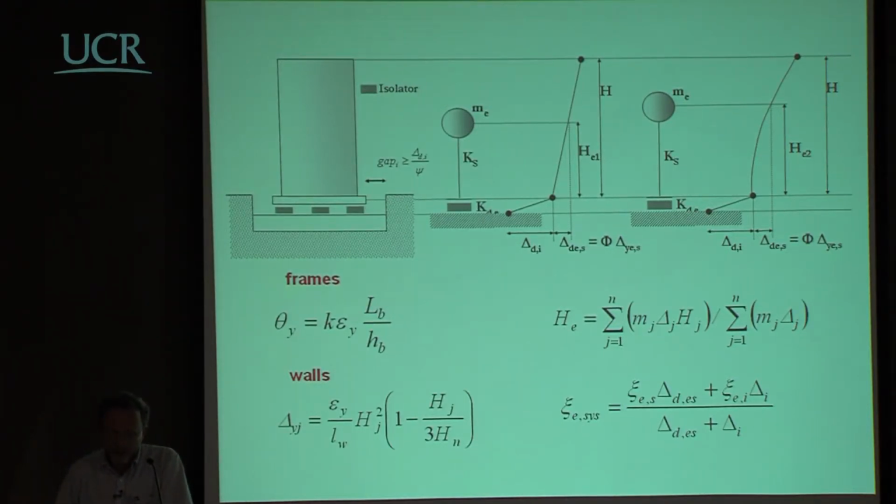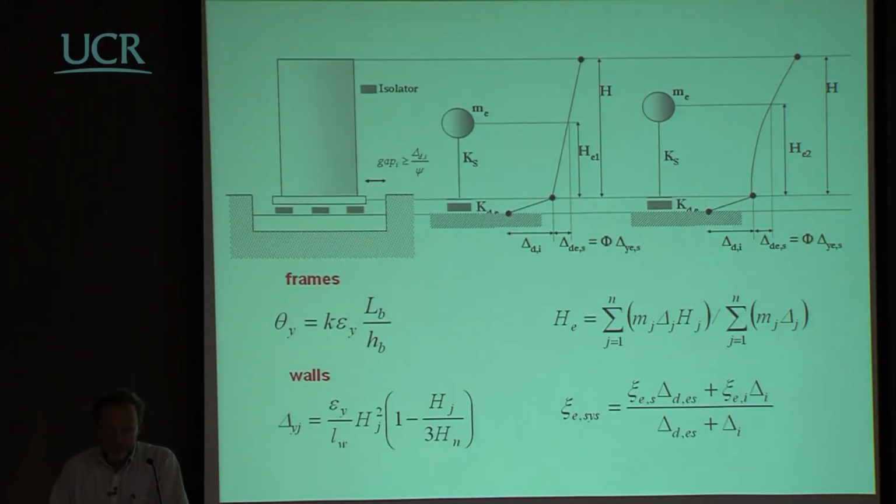Anyway, what you see here is quite straightforward because it is just the application of what we've been doing all the time today, with the simplification that the response of the building will always be in the linear range, so that you only need to calculate the yield displacement of the building and nothing else.